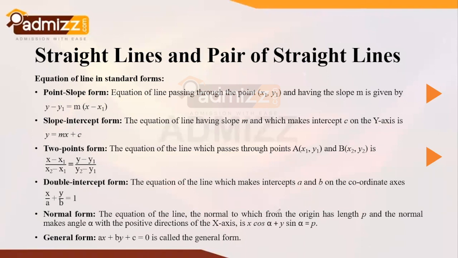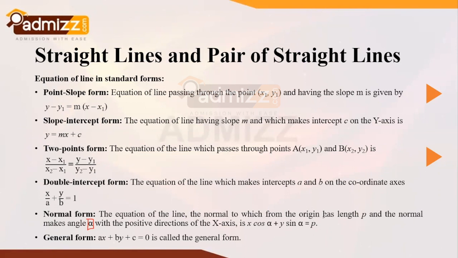Students, you need not worry because the value of alpha will be provided to you in the question. Alpha is the angle which the normal makes with the positive direction of the x-axis. That value will be stated in the question, and the value of p will also be provided.